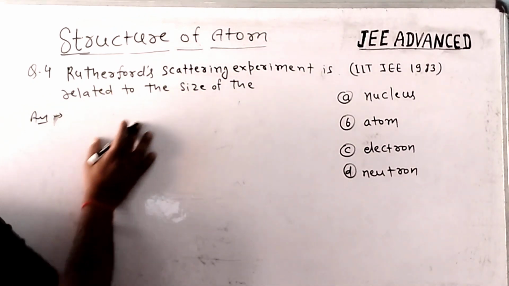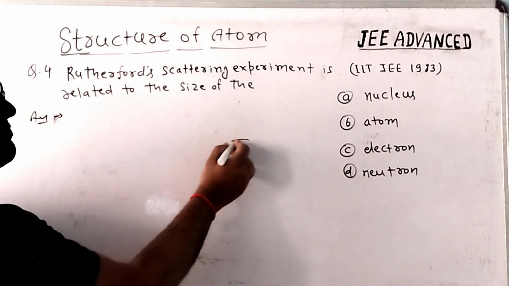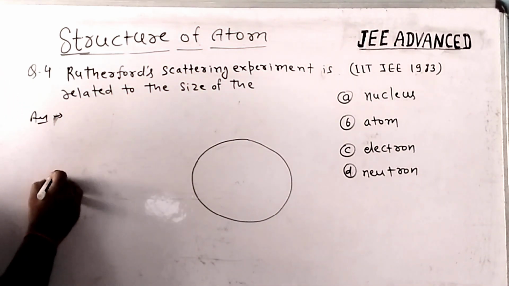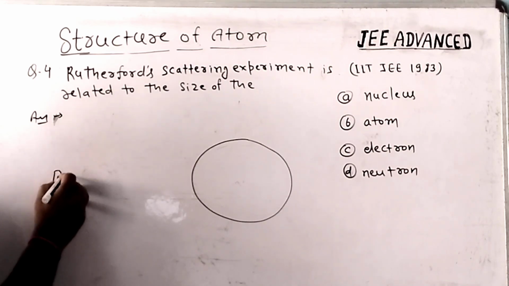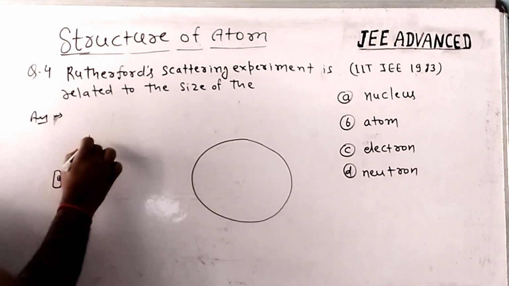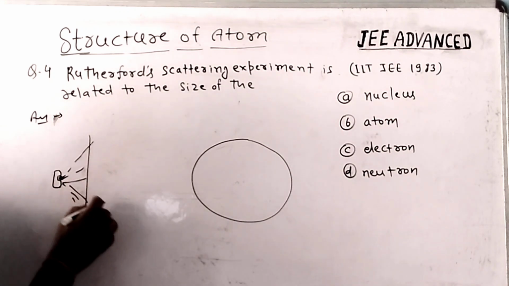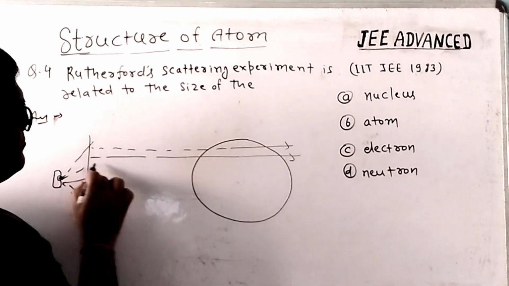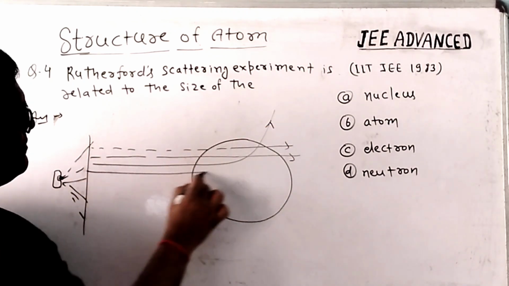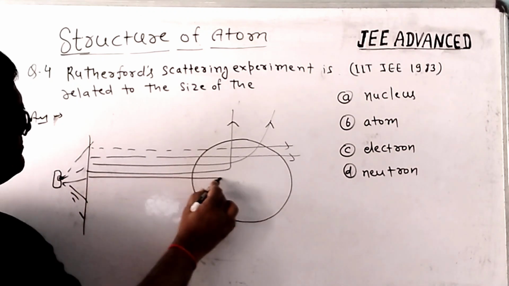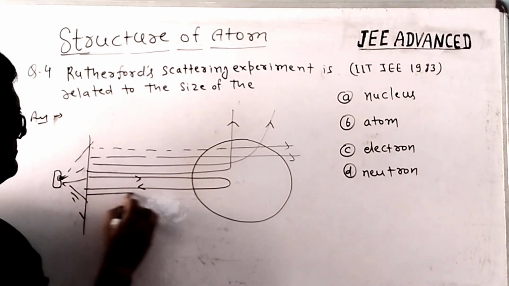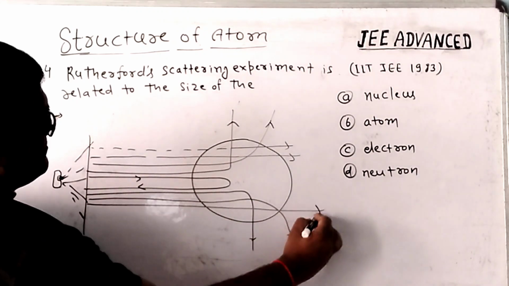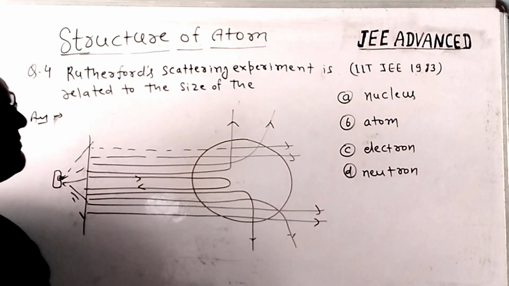Now, in Rutherford's alpha scattering experiment, Rutherford took a thin gold foil, and whenever a beam of alpha particles strikes the thin gold foil, then you can observe this type of figure in your books.